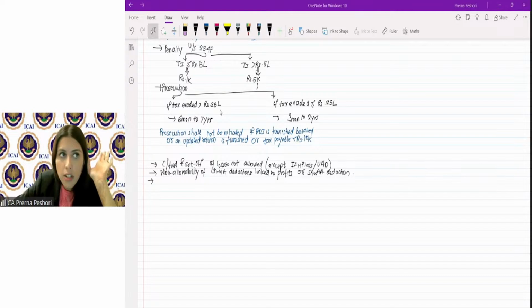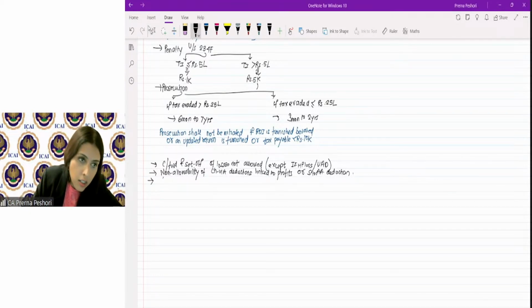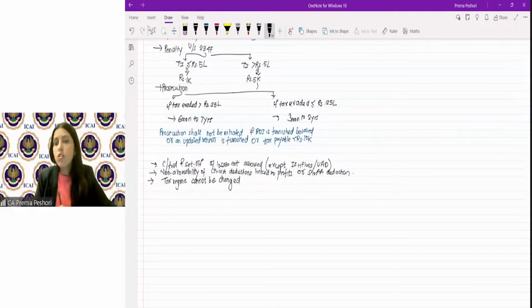Are we getting that? So, tax regime cannot be changed. So that is very, very important.